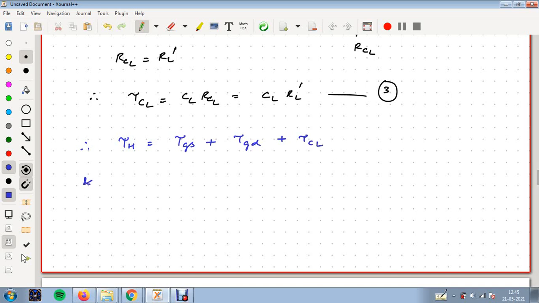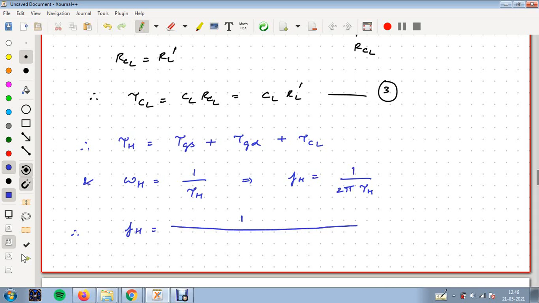And omega H is 1 by tau H, so FH is equal to 1 by 2 pi tau H. If you write the final equation of FH, you get a huge equation: 1 by 2 pi into CGS into R signal plus CL into RL prime plus CGD into RL prime plus R signal into 1 plus GM RL prime.